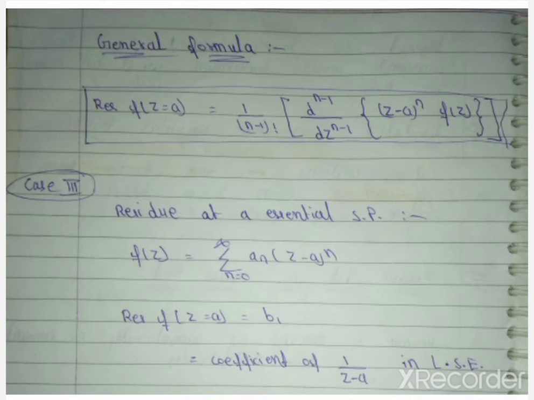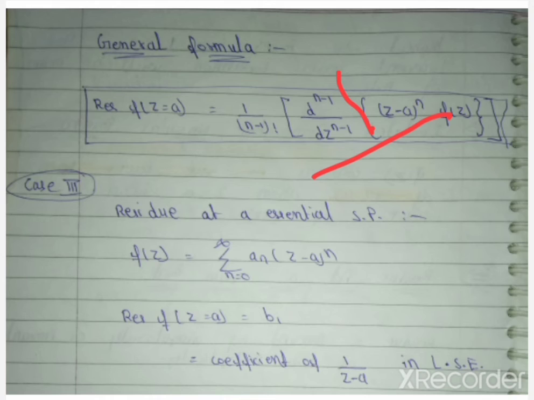Now we will discuss case third. Case third is residue at an essential singular point. We know about the essential singular point. For an essential singular point, the principal part of our Laurent series has order infinity.